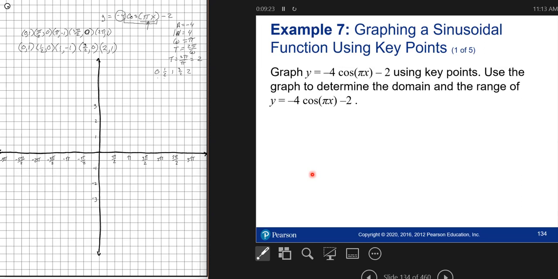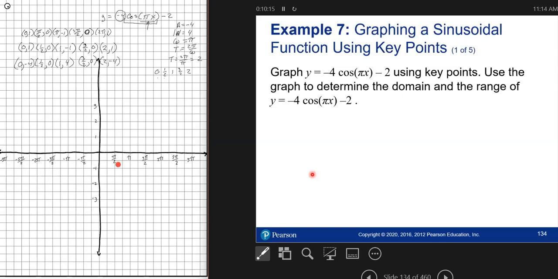And multiplying -4 times -1, we get a +4. So now 1, -1 is now at 1, 4. And 3 halves, 0 stays at 3 halves, 0. And 2, 1 now jumps down to 2, -4.